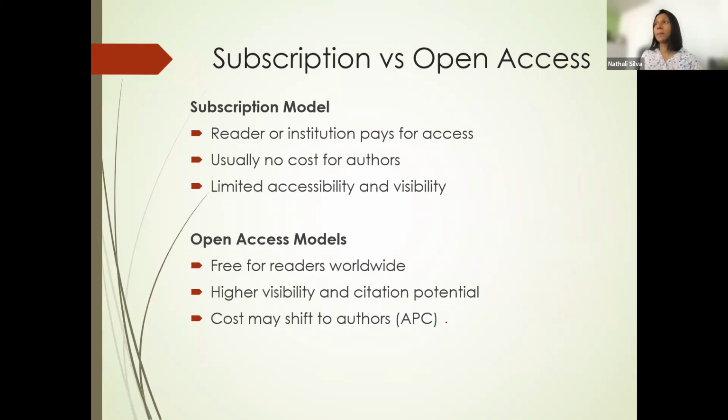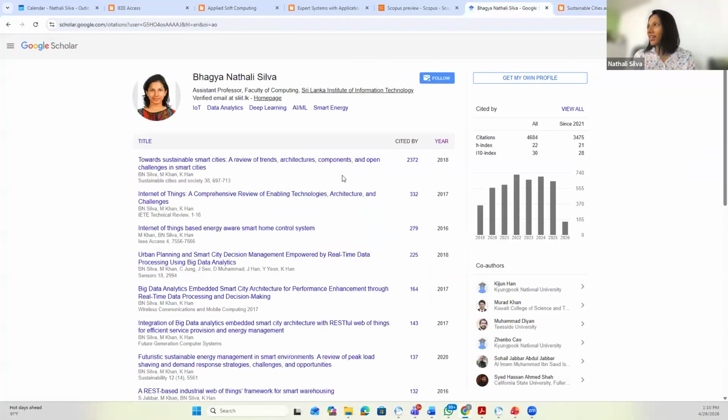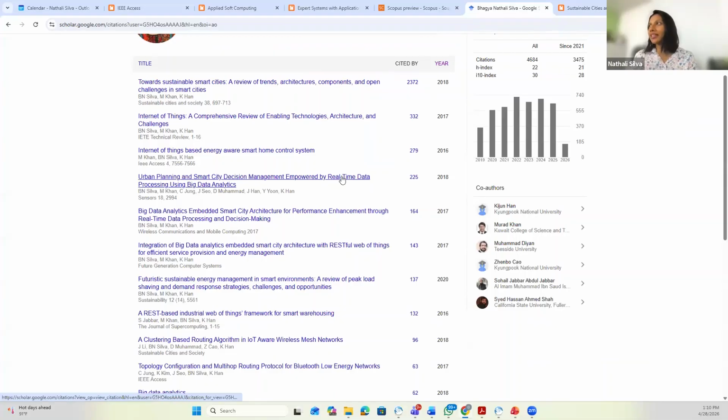Now one can say limited accessibility and visibility for the subscription model, yes, because only those who have the subscription would be able to read your article. But from my experience, okay, so this is my profile.